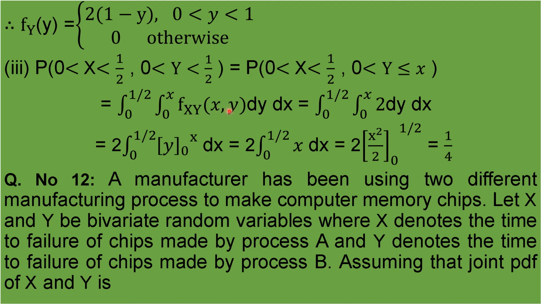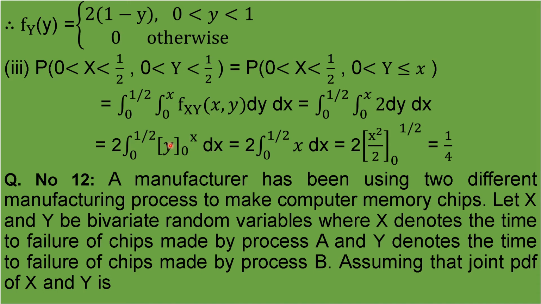So the integrand f(x,y) dy dx: integral 0 to half, integral 0 to x, k, which means 2, dy dx. So 2 is kept outside the integral sign, integral 0 to half, then the integral of dy is y, difference at the upper and lower limit x and 0, dx.